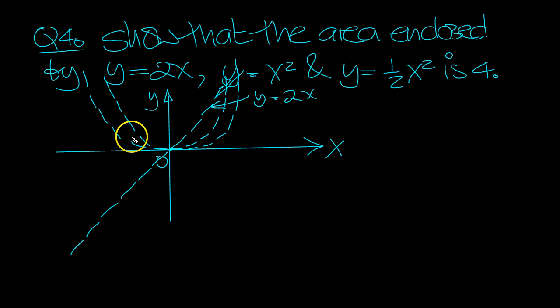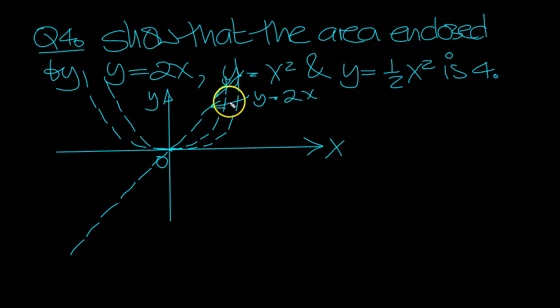Like so. The area between y equals 2x, y equals x squared, and y equals a half x squared is 4. It's a very confusing picture, isn't it? Enclosed.